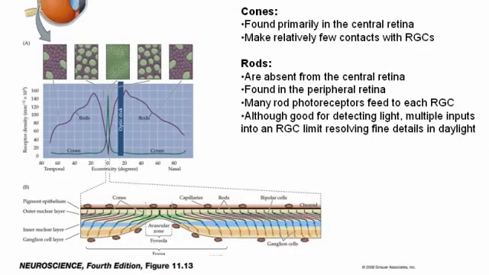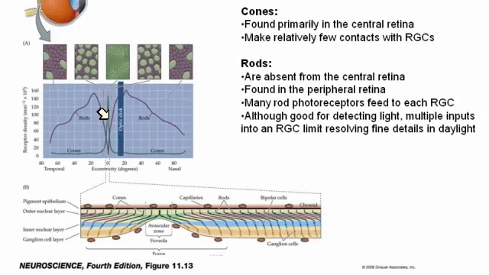If we look at the fovea, in humans, the region of highest visual acuity is in the fovea. And so we need to worry about some regional differences in retinal structure. The cones, which are primarily responsible for daytime vision, are in the central retina, which is shown by this green arrow.